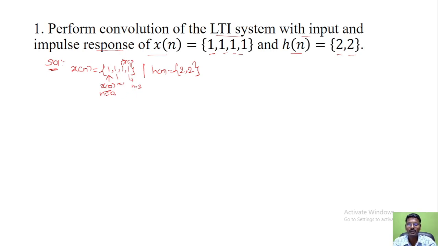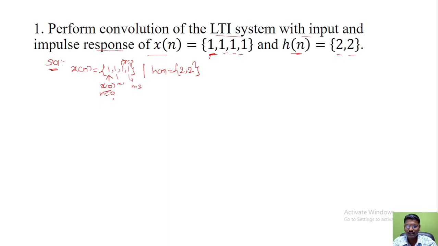These are the corresponding sample magnitude values, right? If they have mentioned any arrow mark or any kind of 0th sample value, then we have to consider from there, right? But in this question, they have not given any arrow mark in either x of n or h of n. So we can directly assume the first sample as our 0th sample, that is n is equal to 0, right?